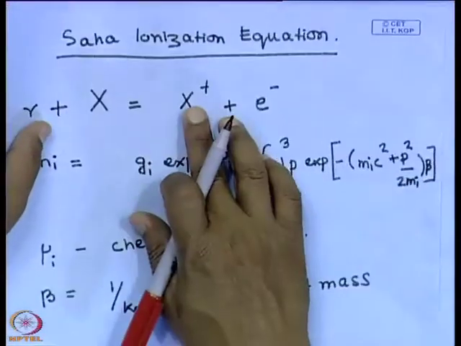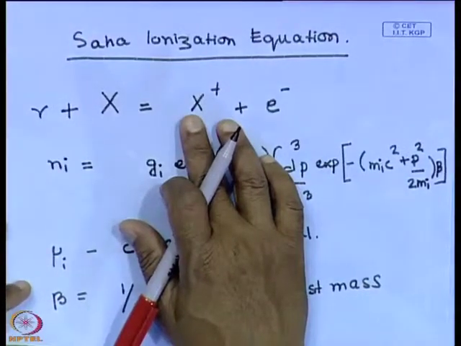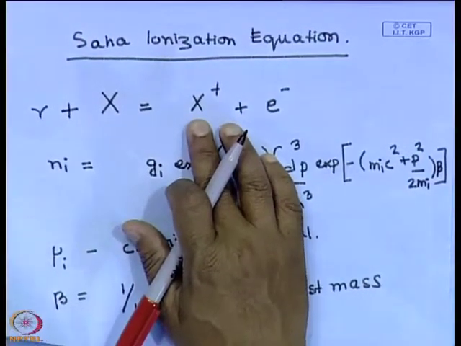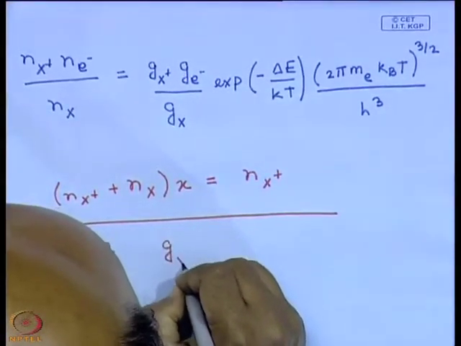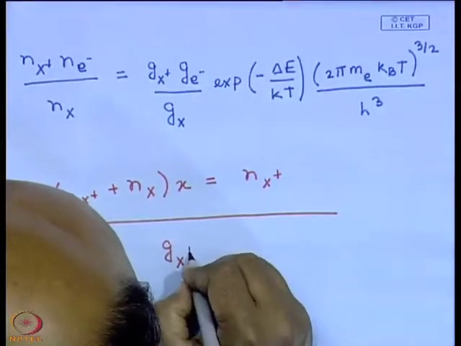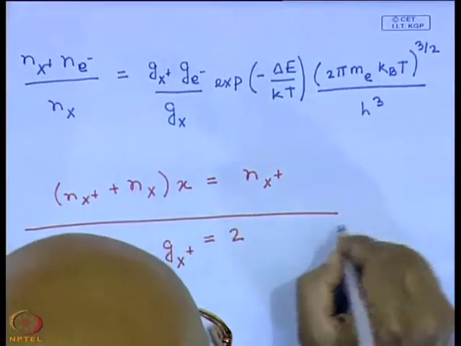The hydrogen ion is a proton, which again is a spin half particle. So, that too has a spin degeneracy of 2. This is for hydrogen. Okay.